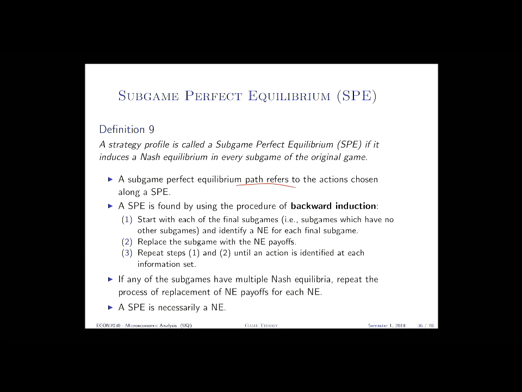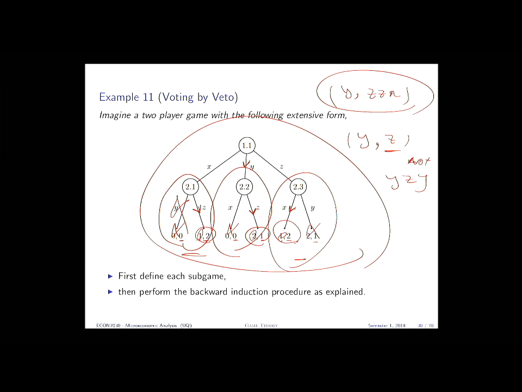So what you guys said, YZ, is the subgame equilibrium path. It is not the subgame equilibrium, it's the path that we end up. Sometimes in problems I ask you to define the path. Sometimes I ask you to just identify the subgame equilibrium, and sometimes I ask you to do both. Okay? So you need to be careful to distinguish between them. Subgame equilibrium path is the path the game ends up.